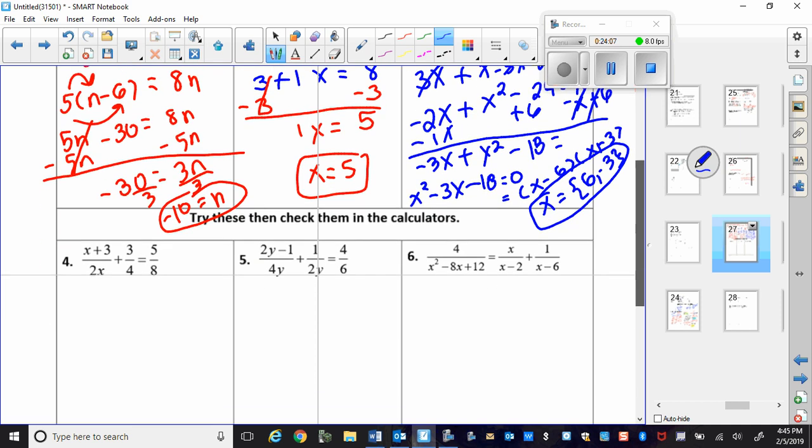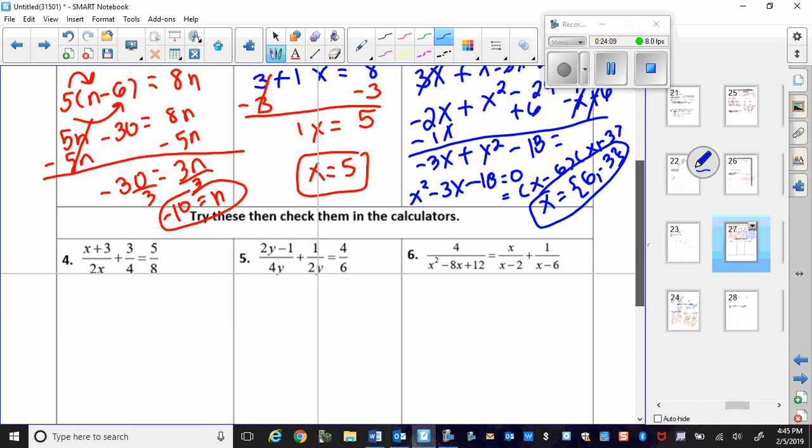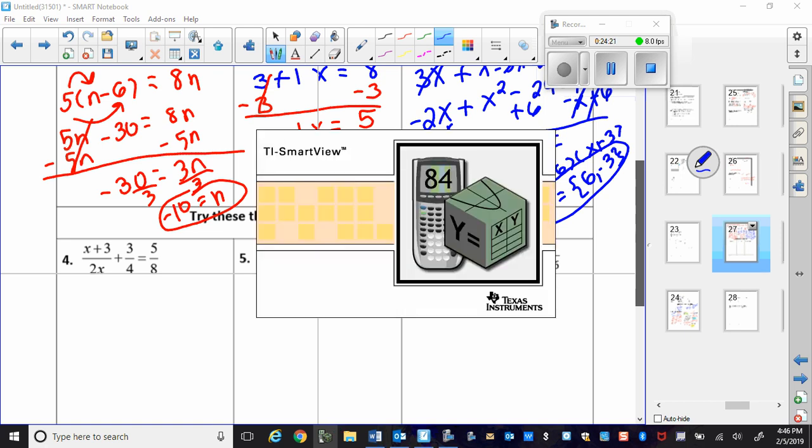Okay? Then it says try these and then check them in your calculator. The way that you try these and check them in your calculator is you write the original function. We're going to check each side and see if it's true.